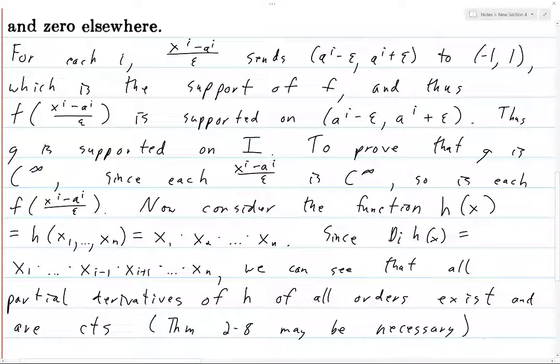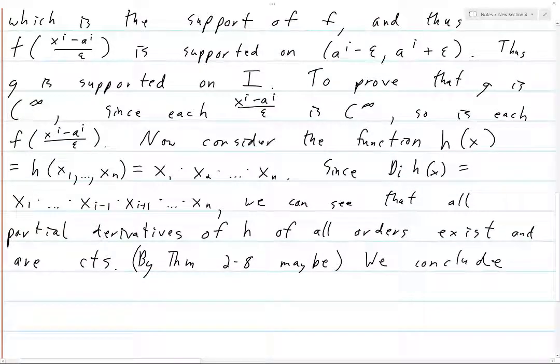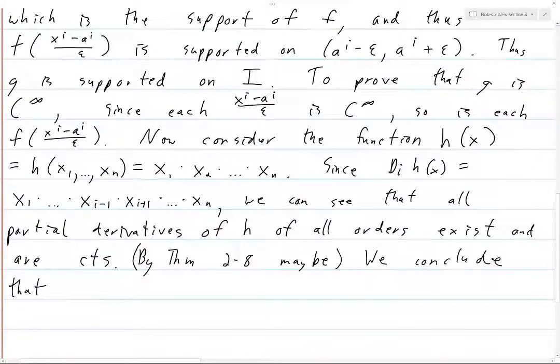So by theorem 2.8, we conclude that h is C infinity.